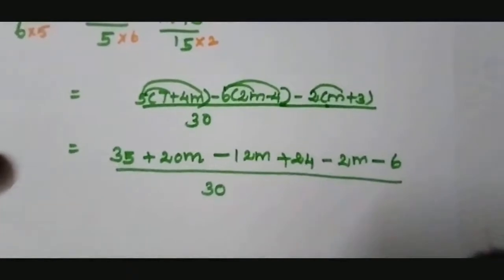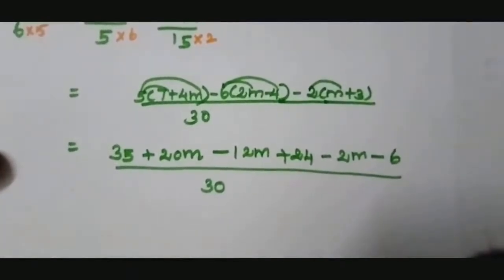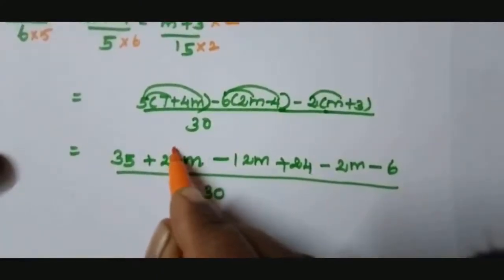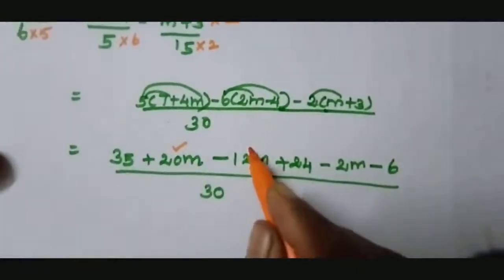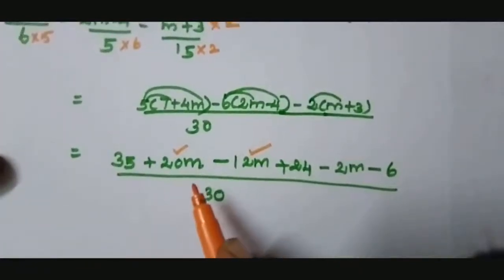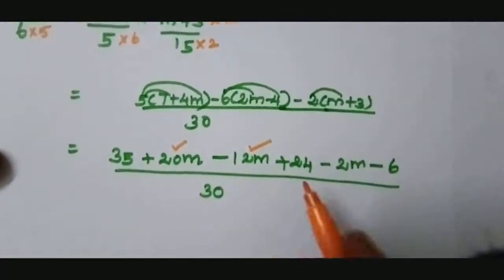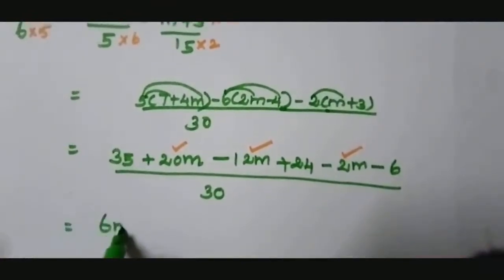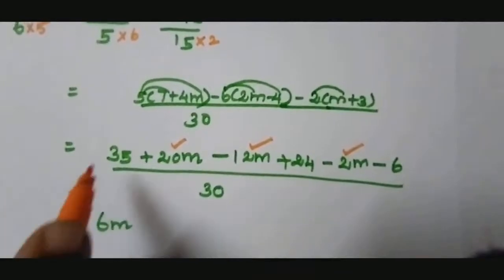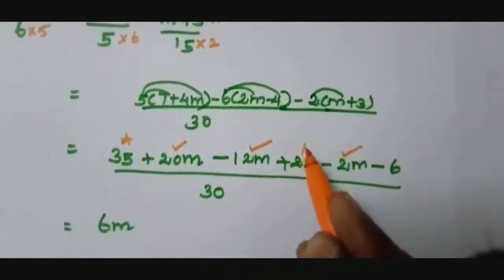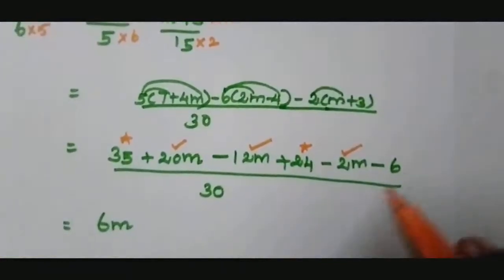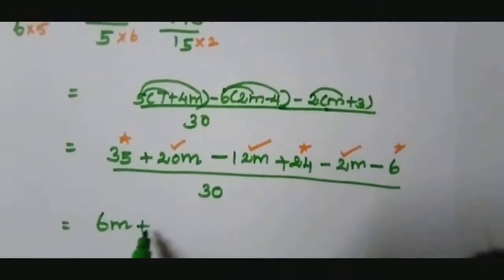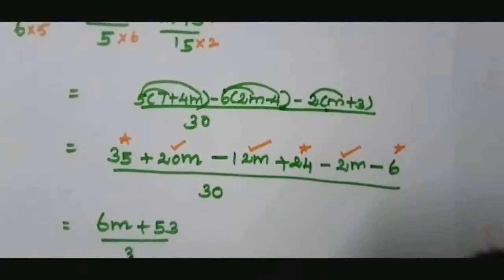Yes, we have to simplify. So how do we simplify this one? Now take the terms with the variable. 20m minus 12m. So what's the answer? 20m minus 12m is 8m. 8m minus 2m is 6m. Now simplify the constant terms. 35 plus 24 is 59. 59 minus 6 is plus 53, divided by 30.